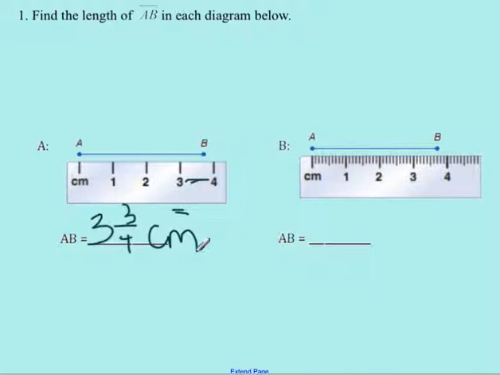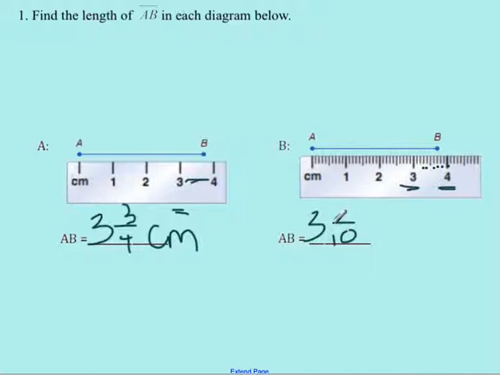So let's take a look at B. For B, we want to measure that out. I see first of all that it's again between 3 and 4, so my whole number is going to be 3. Now I want to count the little lines in between. There's 1, 2, 3, 4, 5, 6, 7, 8, 9, 10. So there's 10 lines between 3 and 4, so the bottom of my fraction is going to be 10.